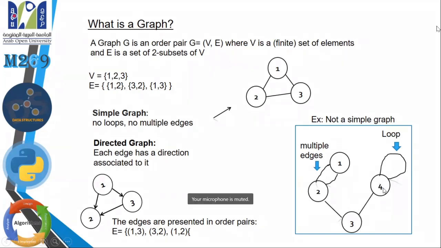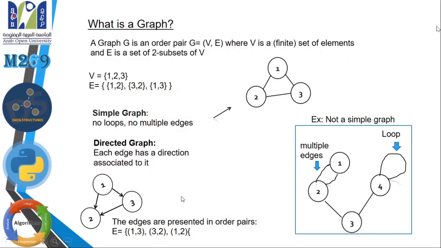The edge going to the same vertex, that we call a loop. Or we might have multiple edges. Multiple edges means there are two edges between the same two vertices. This is very important, because we will come later on to one of the algorithms where you must eliminate those.